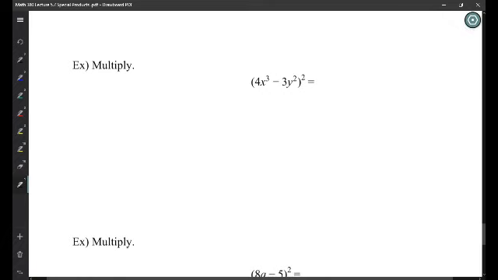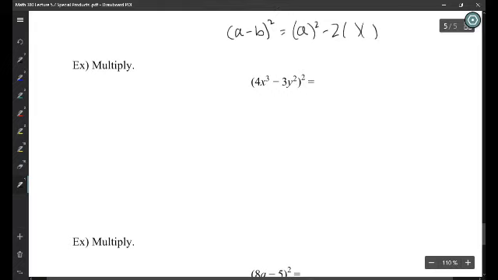4x cubed minus 3y squared, quantity squared. So we want to use a minus b squared equals whatever a is squared minus 2 times whatever a is times whatever b is, and then always plus whatever b is squared. So this 4x cubed, even though it has multiple factors, a numerical factor of 4 and 3 factors of x, is our first term.